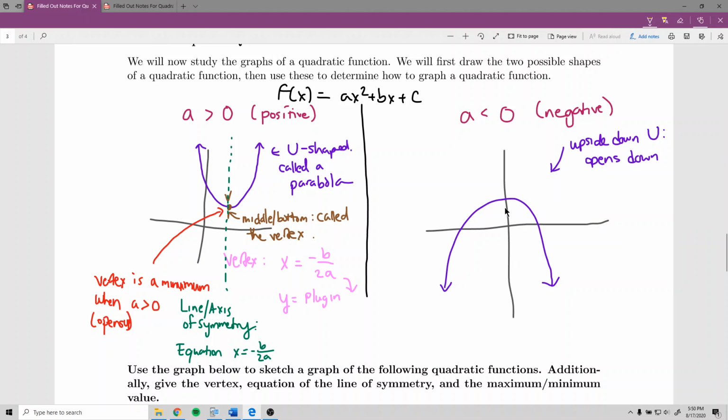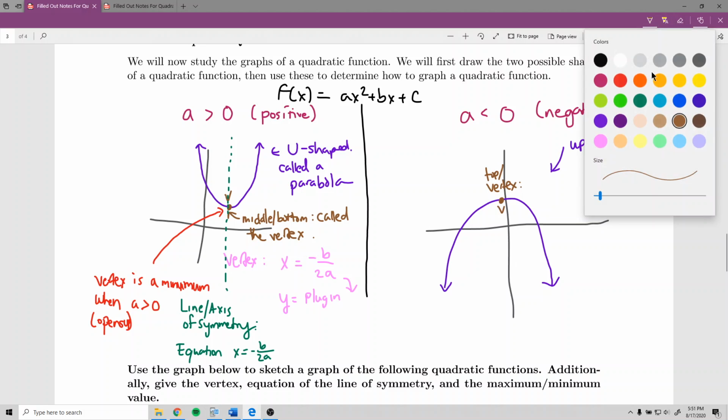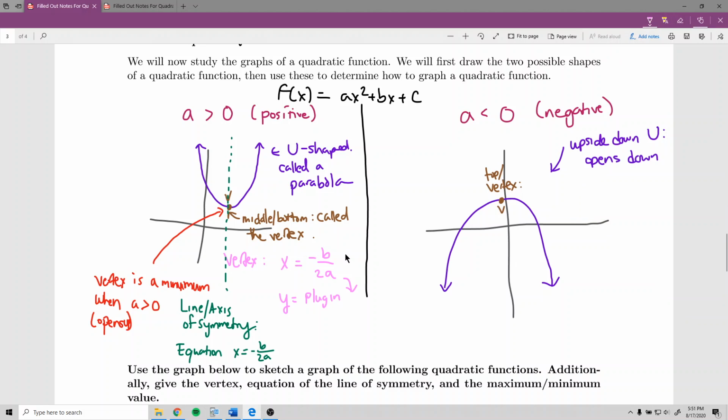The middle point here, wherever it is, is still called the vertex. It just happens to be the top here. The formula for the vertex is exactly the same, so I'm just going to draw an arrow to that. The line of symmetry is also exactly the same as far as the formula.